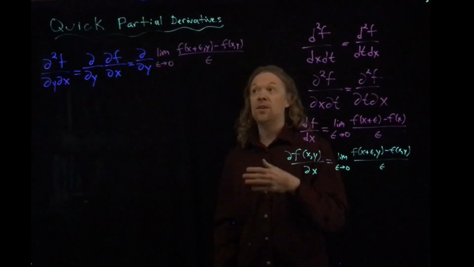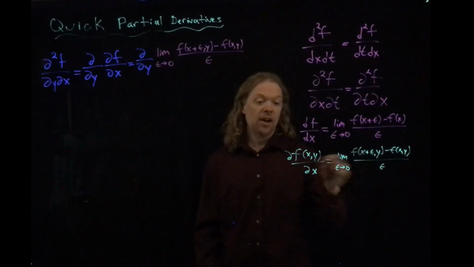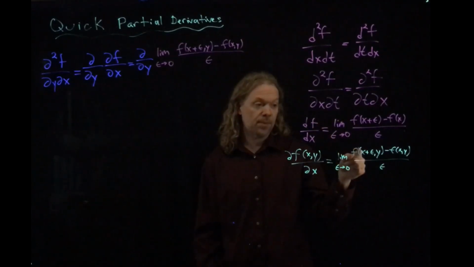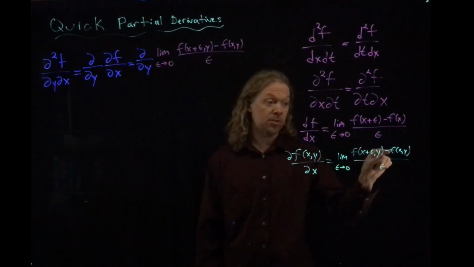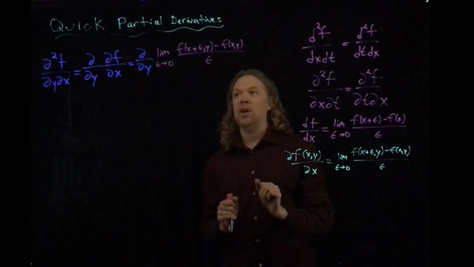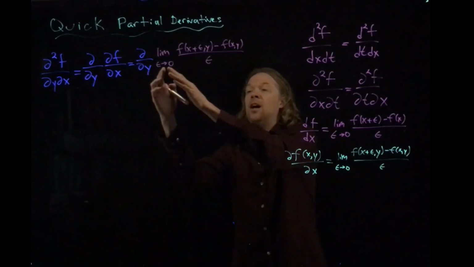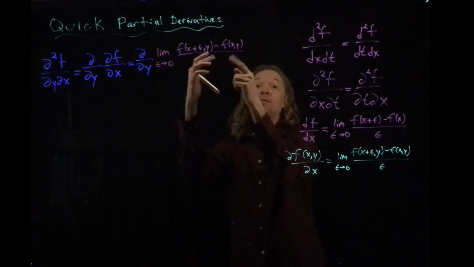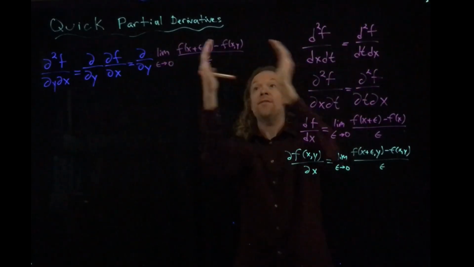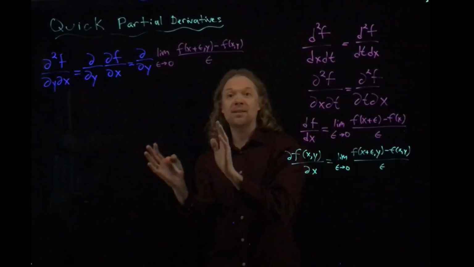Okay, and now I have to do the same thing to apply the partial derivative, meaning here I had to advance the x variable by epsilon and then subtract out the original. So I need to do the same thing here, except with this entire expression. So I need to have first this thing evaluated at a little bit bigger y, and then subtract off this thing evaluated at the original y. So that's going to look messy, but it's pretty simple.